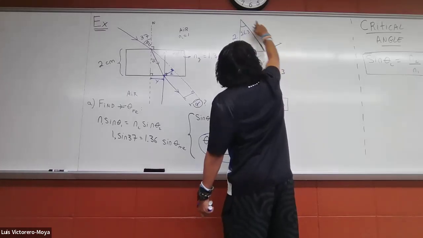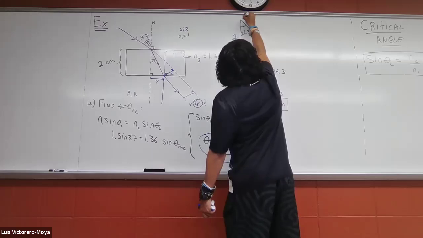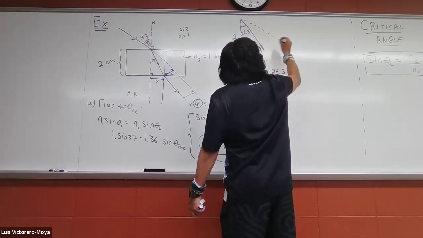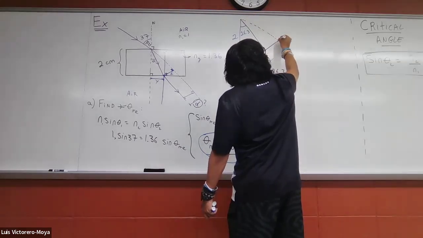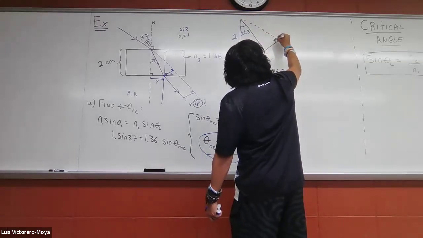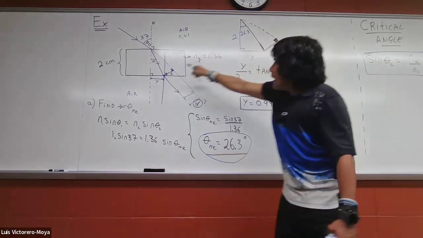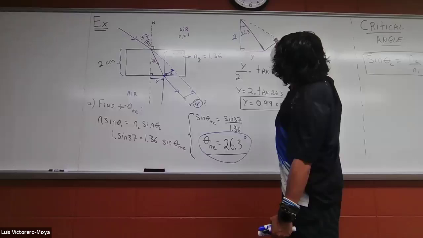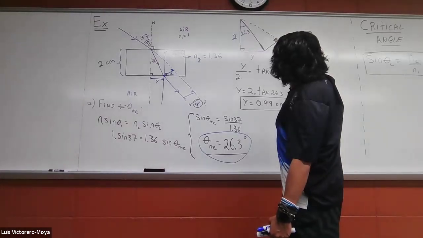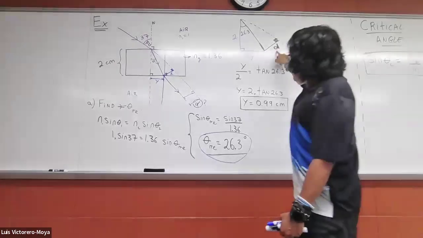Let's see if I can draw it. There. 90. That is this. I'm making it bigger here. So this is your d. Okay, that's d.